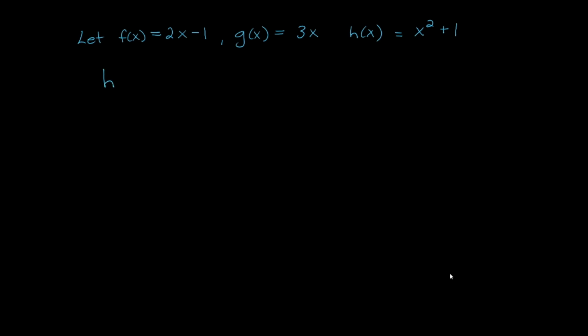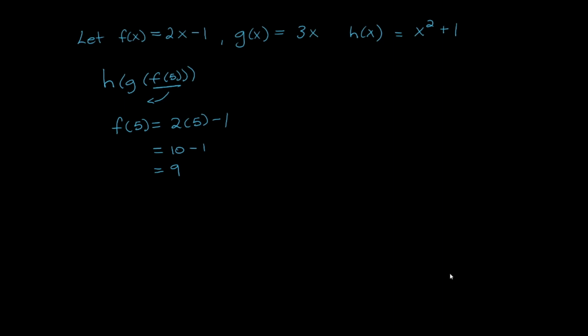Let's say we were asked for h of g of f of 5. As we mentioned, we are going to work from the innermost function outwards. So f of 5 should be equal to 2 times 5 minus 1, or 10 minus 1, or 9.